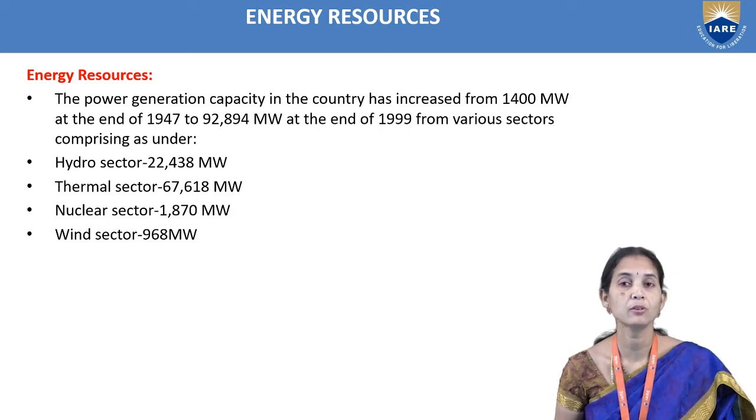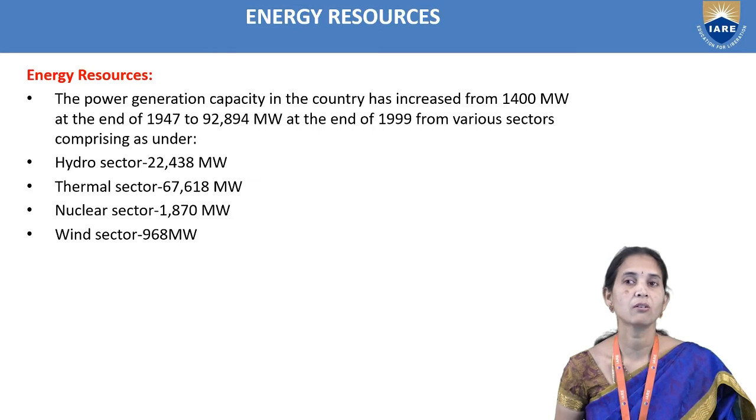For example, the hydropower sector energy production is 22,438 megawatts, the thermal sector 67,618 megawatts, the nuclear sector 1,870 megawatts, and the wind sector 968 megawatts.